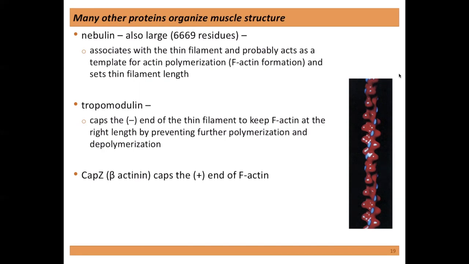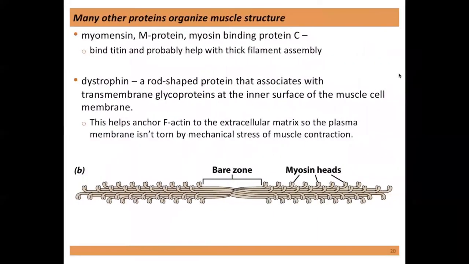So again, just understand that there are a lot more proteins involved in there. And here's a couple more. Myomesin. It's a myosin binding protein. So it binds titin and probably helps with the thick filament assembly. So essentially to assemble these filaments, the thin and the thick, we need additional proteins to help assemble them. And dystrophin is a rod-shaped protein that associates with transmembrane glycoproteins at the inner surface.